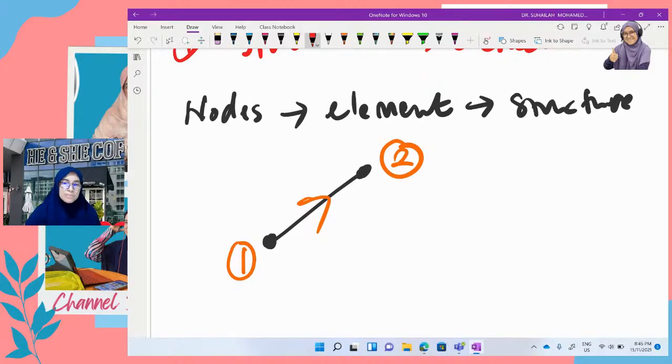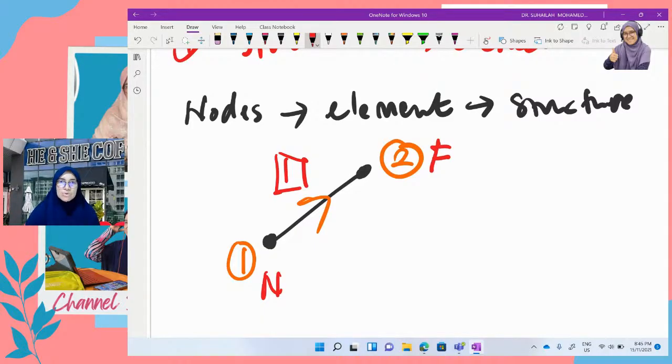For one element we must have what we call a near node and a far node. This means an element consists of two nodes. This is element number 1. Element consists of two nodes, and the combination of many elements produces the structure.